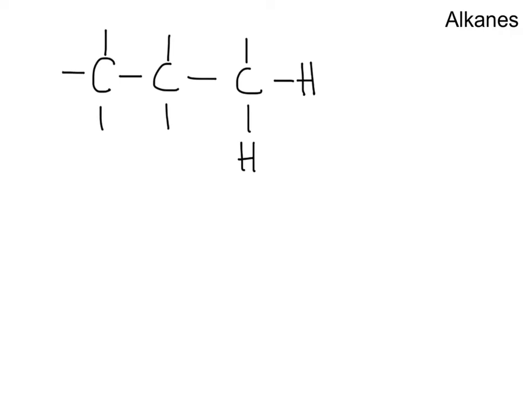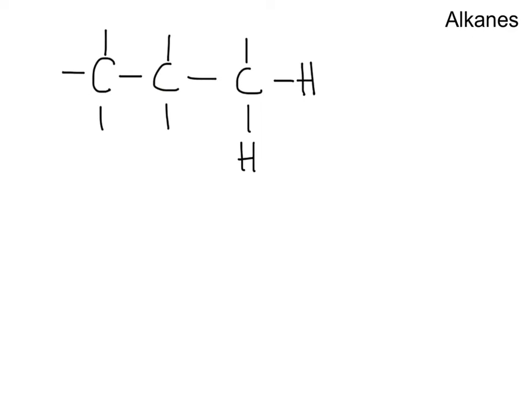In terms of naming, this alkane has 1, 2, 3 carbons in it. If you look at the root name chart on the handout, you're going to see that this compound is called propane. P-R-O-P, prop, for having 3 carbons, and A-N-E, ane, because it's an alkane, and all alkanes have the A-N-E ending.